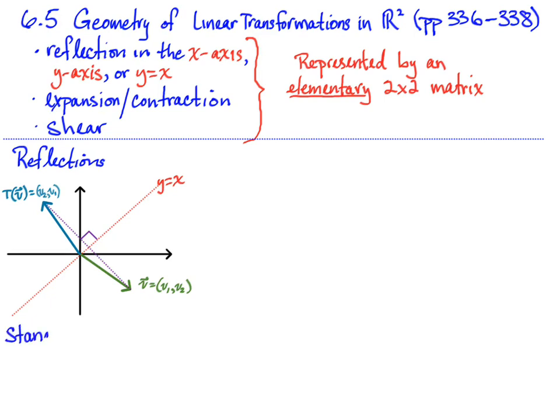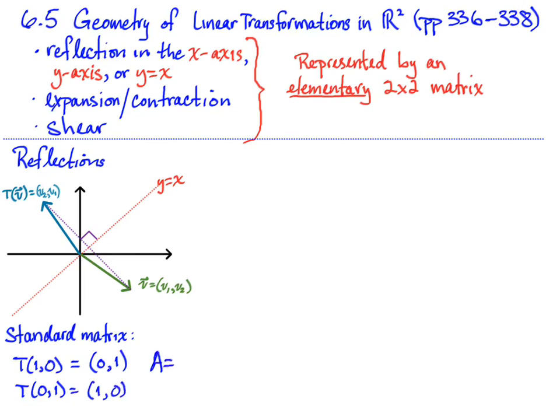And remember how we got the standard matrix for that linear transformation. What we did was we took the 2 basis vectors for R2 and found their images. The image of 1, 0 is 0, 1. The image of 0, 1 is 1, 0. And then we lined those up as the columns.